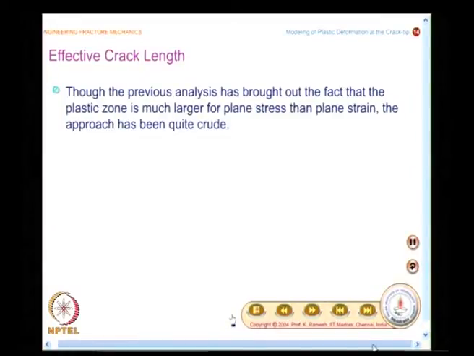Now, what we will do is, we have already said that we are going to model the plastic zone for our fracture calculation by defining an effective crack length. The previous analysis has brought out the fact that the plastic zone is much larger for plane stress than plane strain. However, the approach has been quite crude.